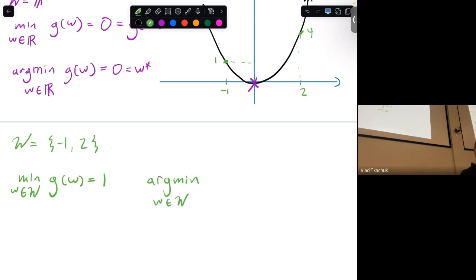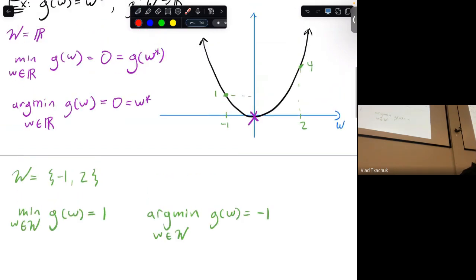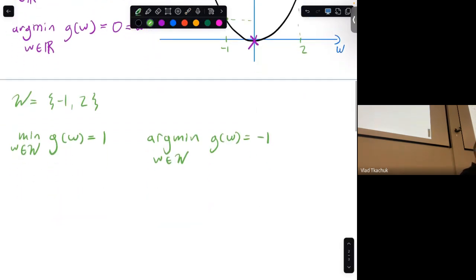The w that is the minimizer of this function, the argmin, is equal to -1, right? This tells you the point on the x-axis, the w that achieves this. Okay, and so once again, this 1 up here is equal to g of w star, which is like -1 squared.